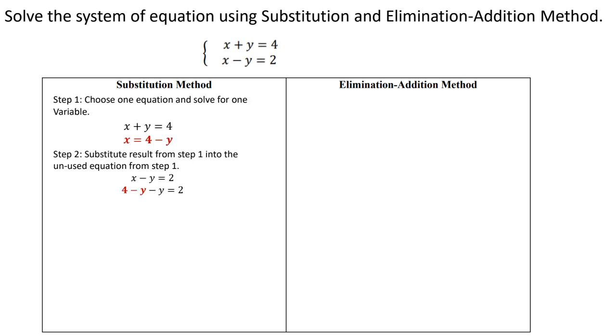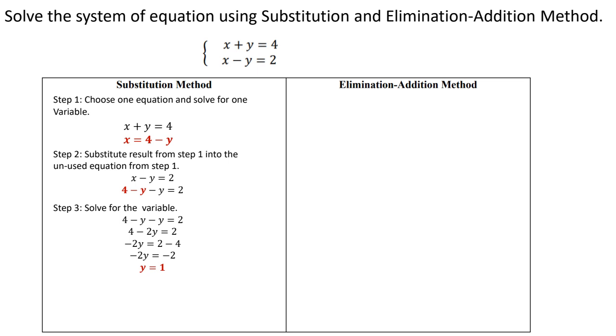My other equation was x minus y equals 2, and everywhere I see x, I'm going to substitute 4 minus y. So we have 4 minus y minus y equals 2. Let's simplify.